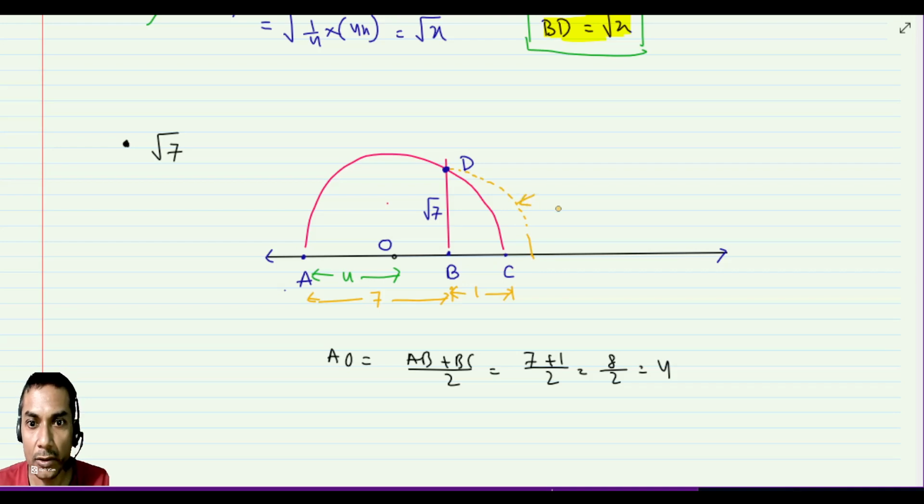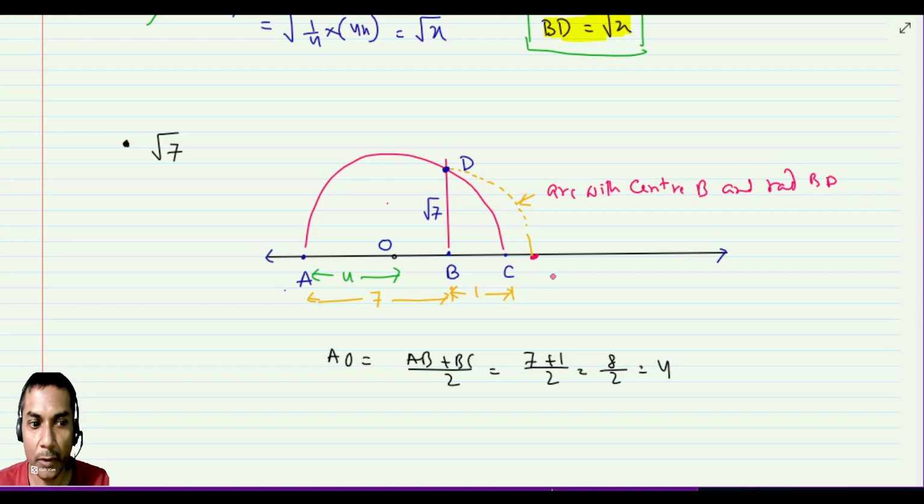This is an arc with center B and radius BD.